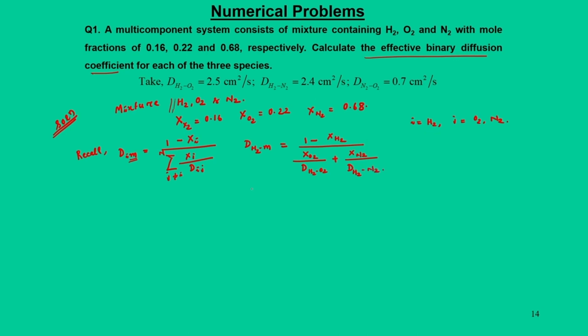Second case, if I write D O2 m, here i is O2, j is N2 and H2.